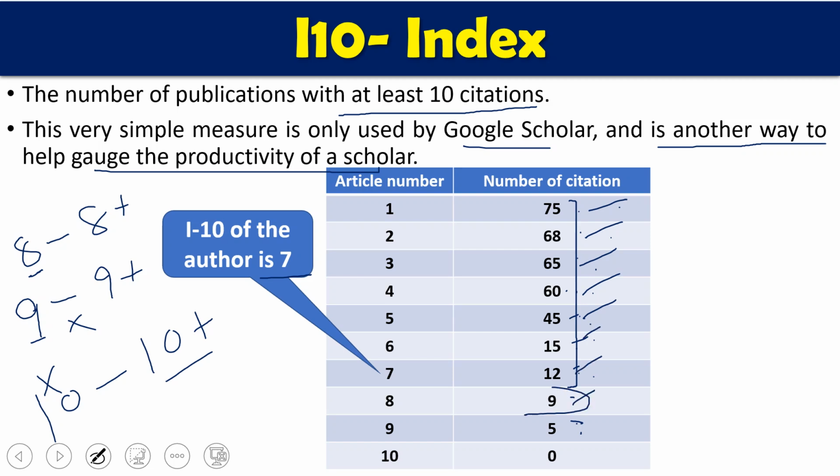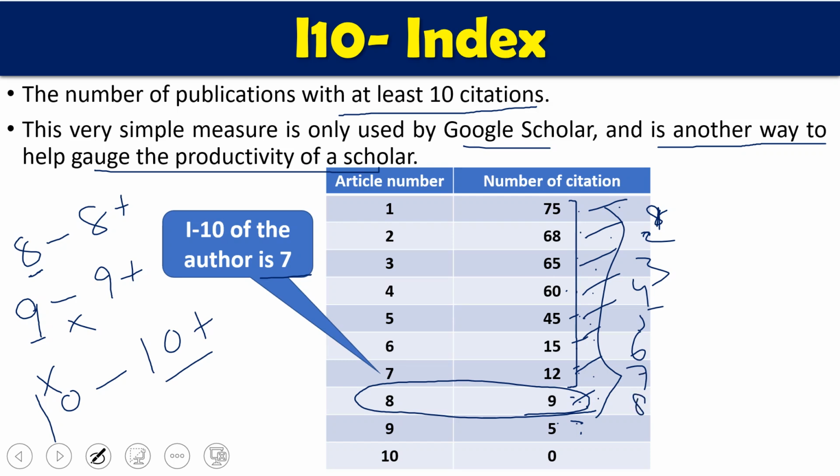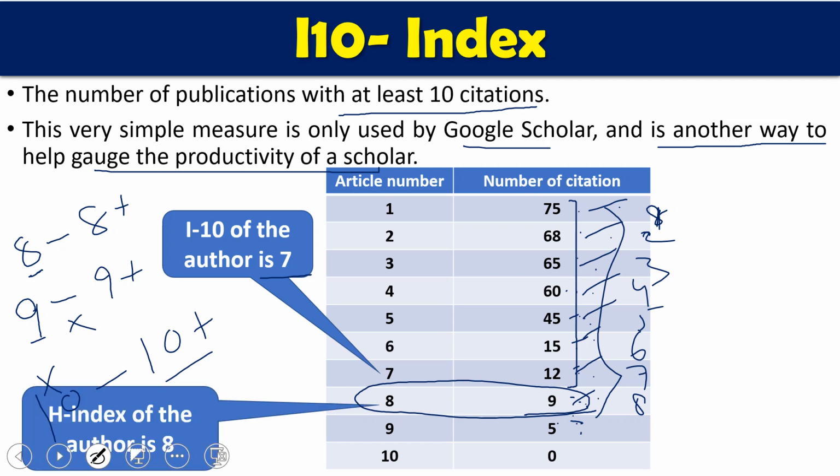Here also we have arranged in descending order, and these papers up to here have 8 or more citations. So this is the 8th number. It means the H index for this author is 8.